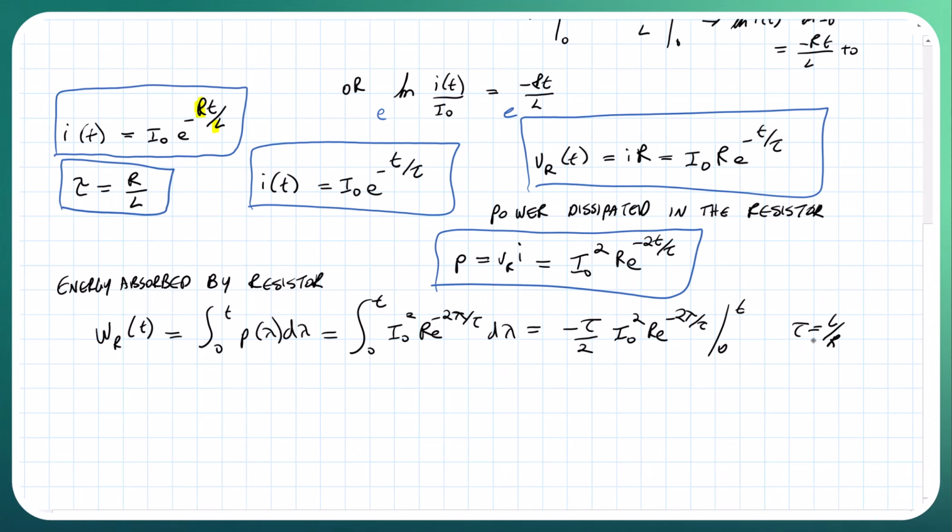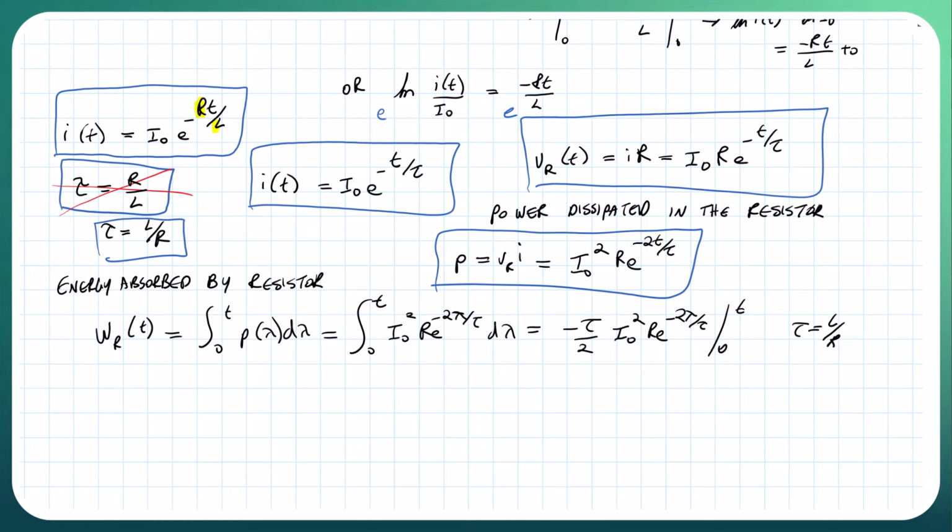And actually, I just noticed something. This guy back here isn't R over L. This actually should be tau is equal to L over R. I had it mixed up, so this is the actual equation, not this.